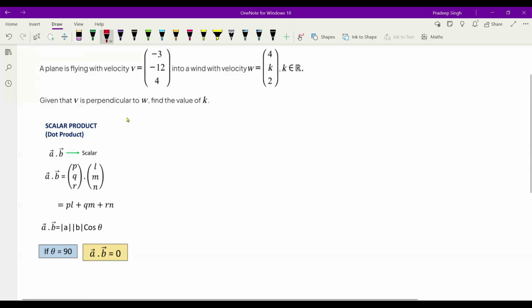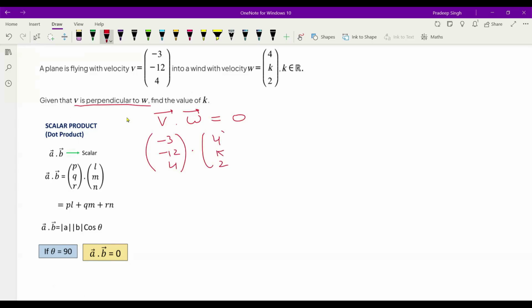Since in the question they have given V is perpendicular to W, that means V dot W will be equal to 0. Now V vector is -3, -12, and 4. You take the dot with the wind velocity, which is 4, k, and 2. And we will put that equal to 0.